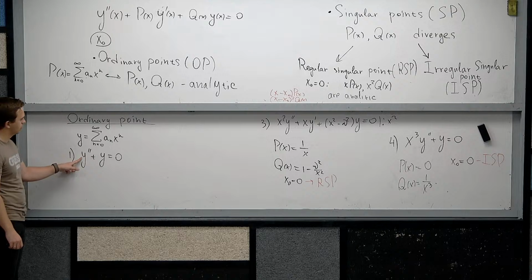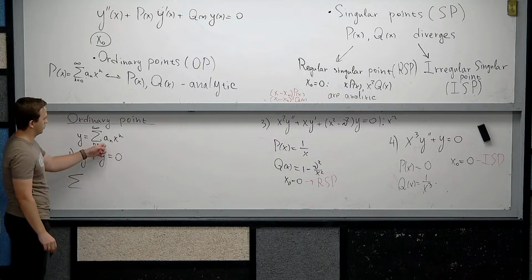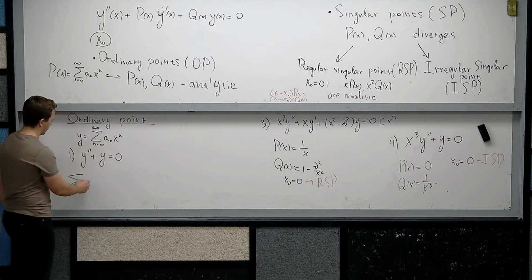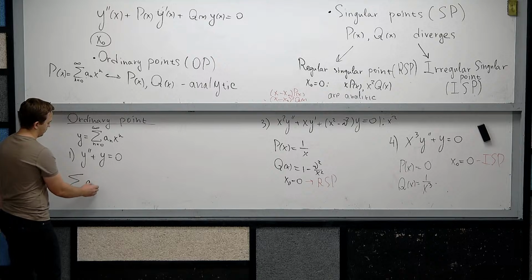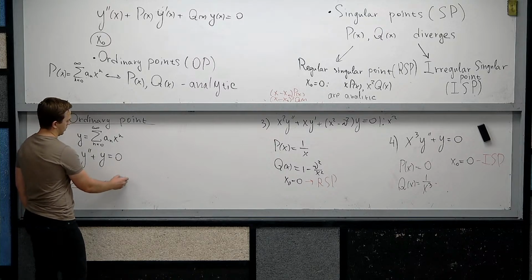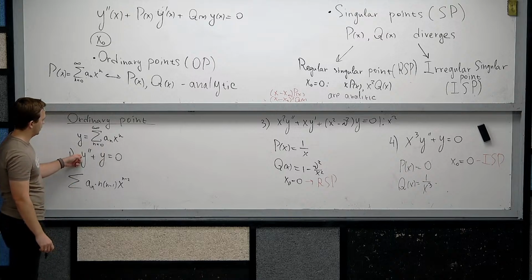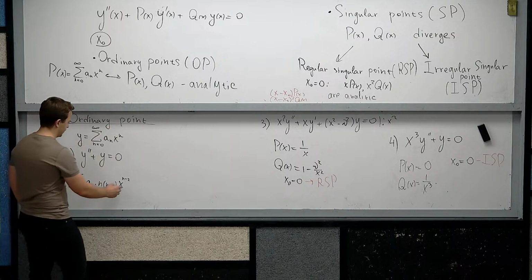We have to differentiate it twice. So after two derivatives, what will we have? n times n minus 1, x to the n minus 2, right? This is the first term. And the second term is just the same, right?